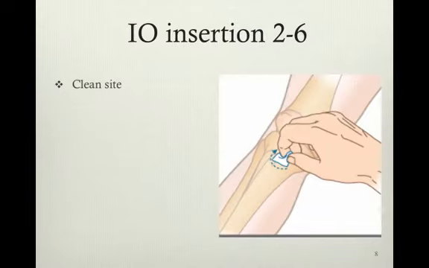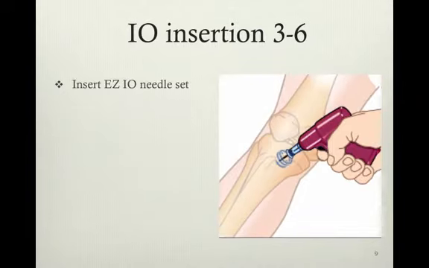So we clean the site. Insert the EZ-IO needle set, and what we're going to do is there are graduations, and please look at the skill set again on this really quick. But on the actual needle itself, it has lines. So be sure that you can see that last line.